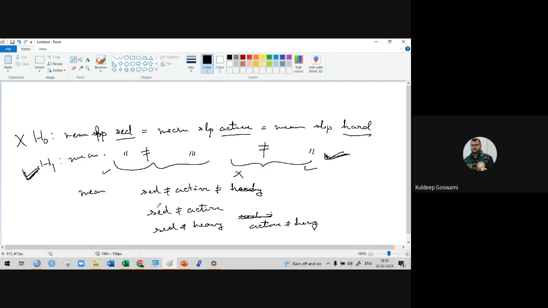If we want to check whether this condition is satisfied, whether that condition is satisfied, or if we want more knowledge about the data set, then we have to go for the post hoc analysis.